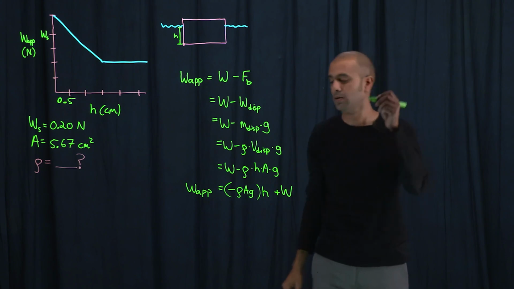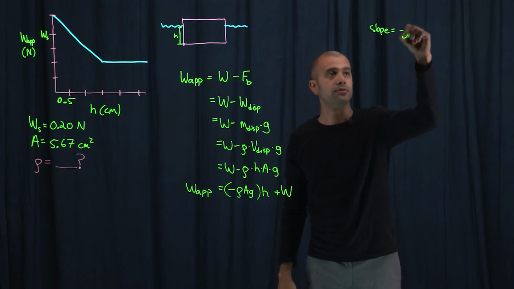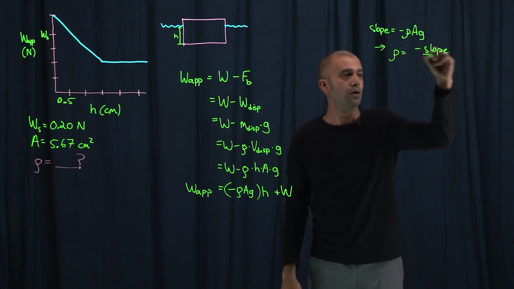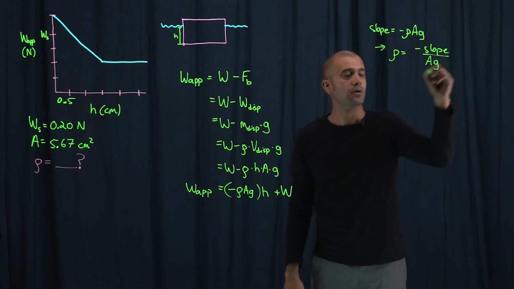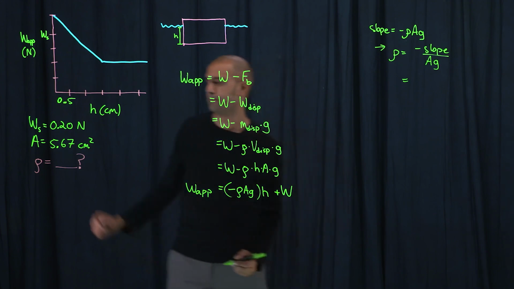Let's go ahead and do that now. So let me write slope equals minus rho A g, and solving for rho, we're given A, we know g. The slope we can just find from the graph.